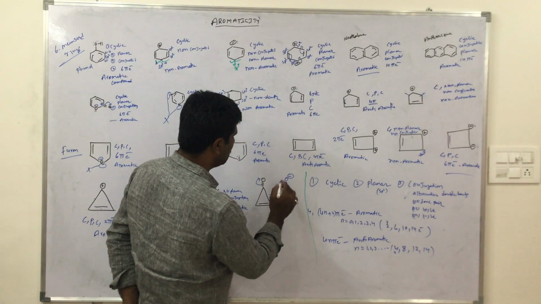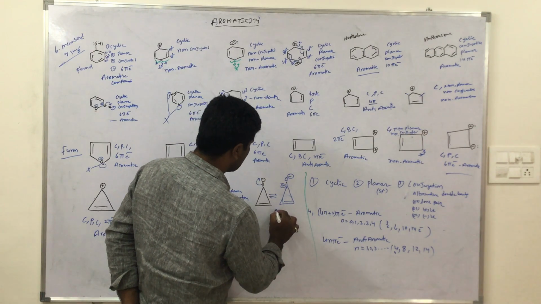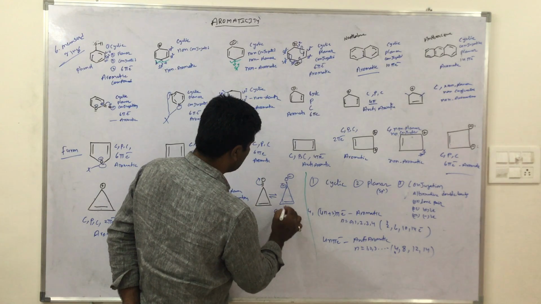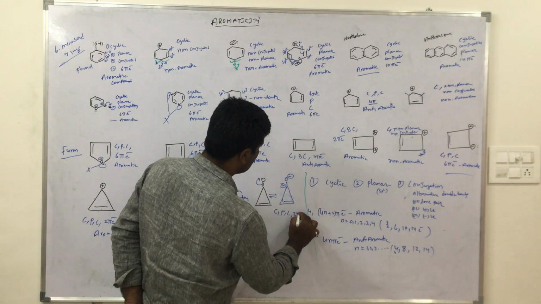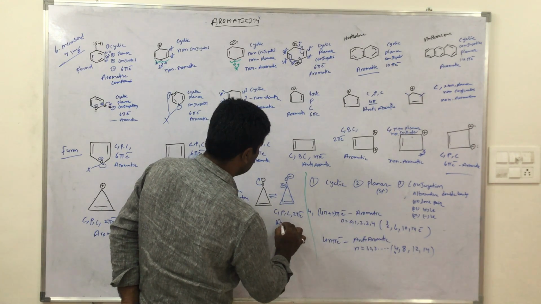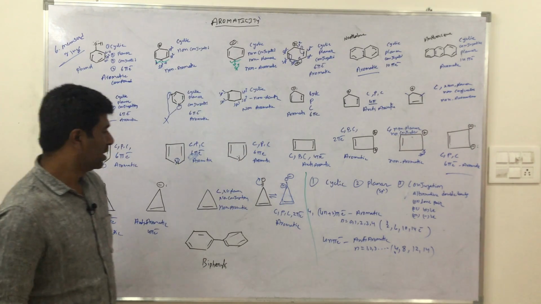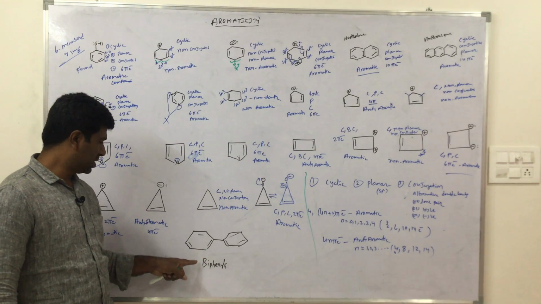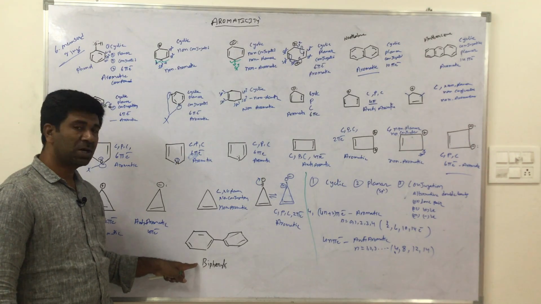So this is under aromatic in nature or anti-aromatic in nature. Cyclic, planar, conjugation. How many electrons are present? 2 pi electrons. 2 pi electrons belongs to which category? Aromatic. Clear?